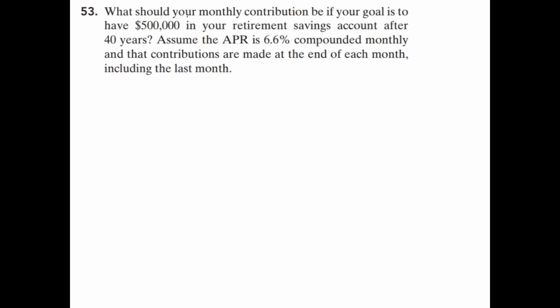You are not going to just take a sum of money and leave it in the bank. Every month you're going to be contributing more and more money to it. But your goal is to have $500,000 in your retirement savings account after 40 years.